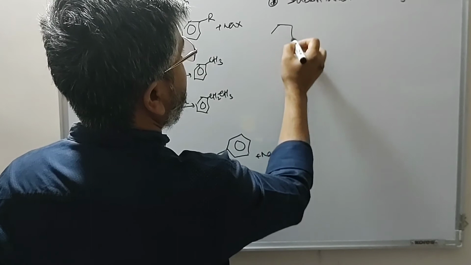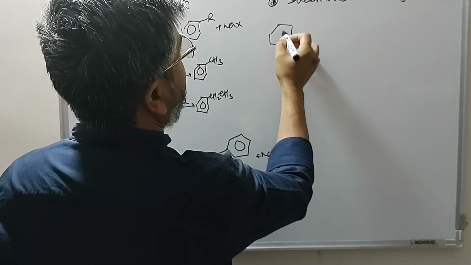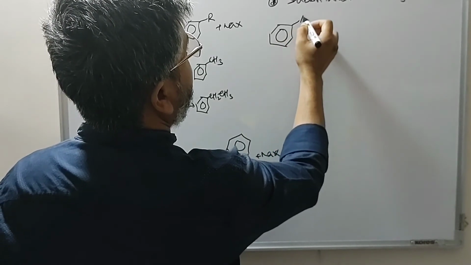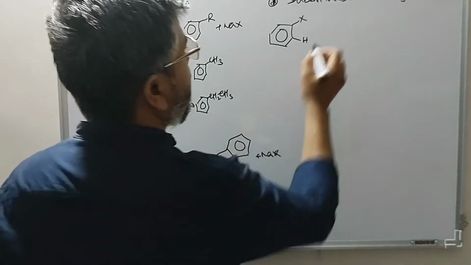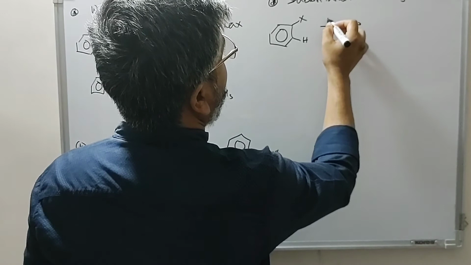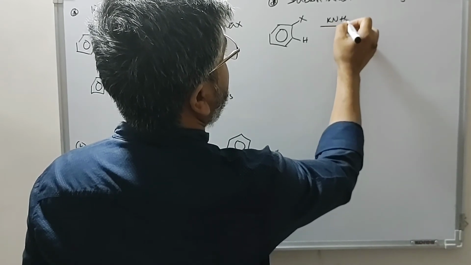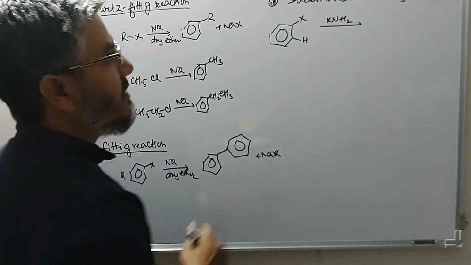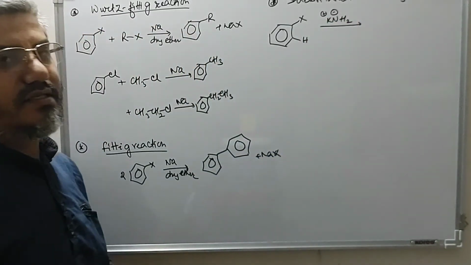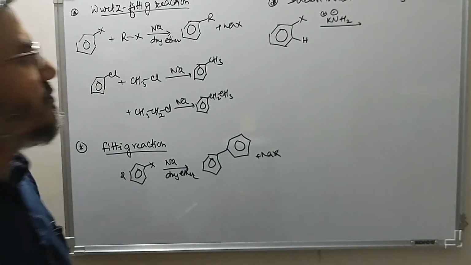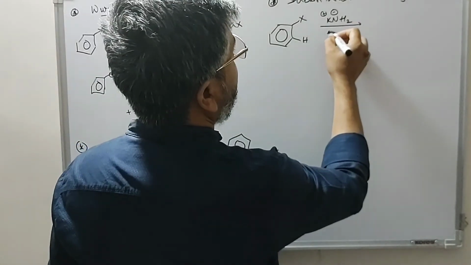So we have looked at this. This is halogen substituted benzene. This reacts with potassium amide, KNH2. So we have K plus and NH2 minus. NH2 minus is a very strong base in presence of liquid ammonia.